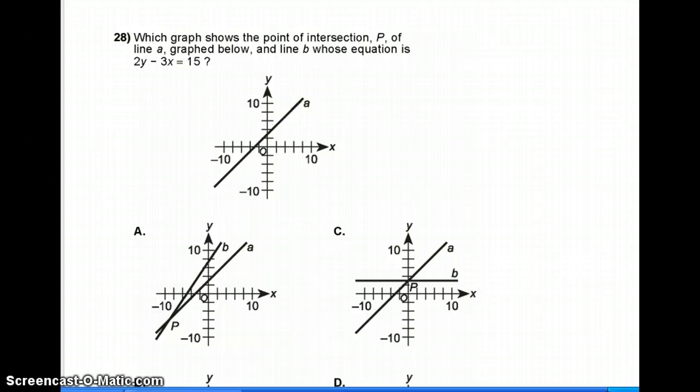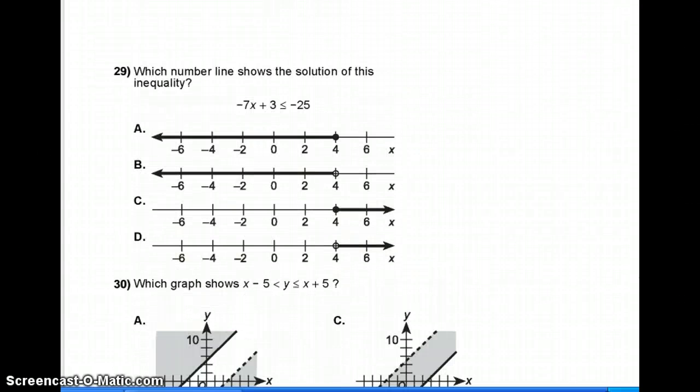Number 28, which graph shows the point of intersection P of line A graphed below, and line B, whose equation is 2y minus 3x equals 15? Number 29, which number line shows the solution of this inequality?